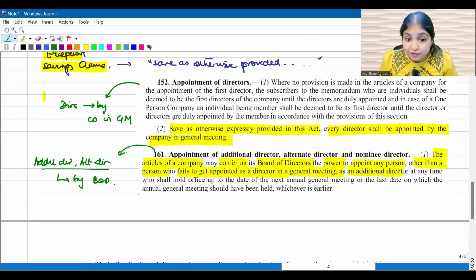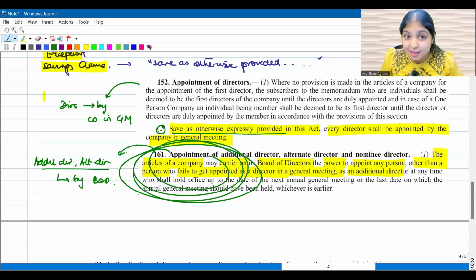So, section 152 subsection 2 starts with the words "save as otherwise expressly provided," which means it is saying, listen, reader, if any other section is telling you who has to appoint the director, then you follow that other section. If other sections are not applying to your situation, then you apply this section.